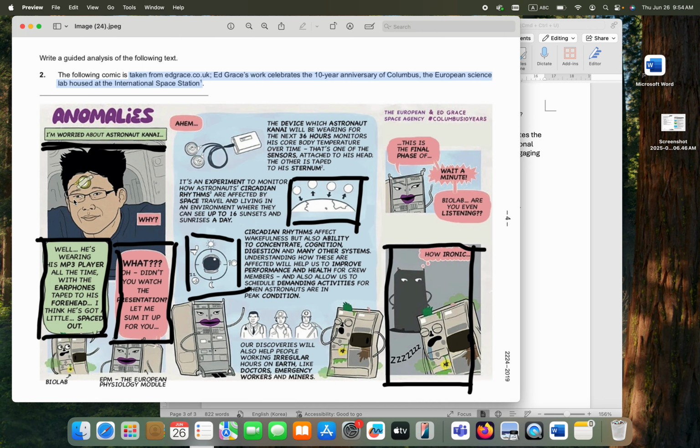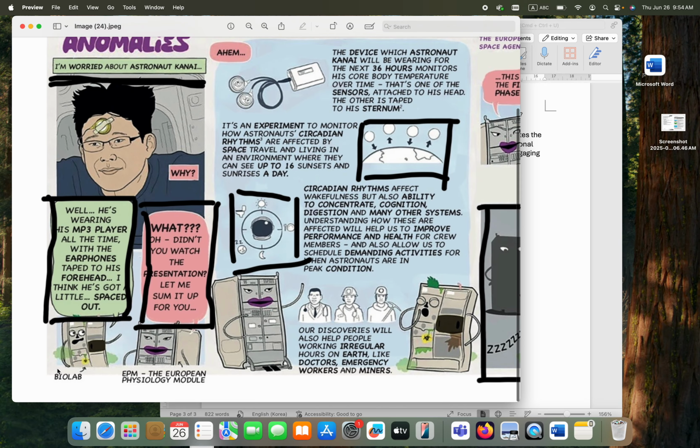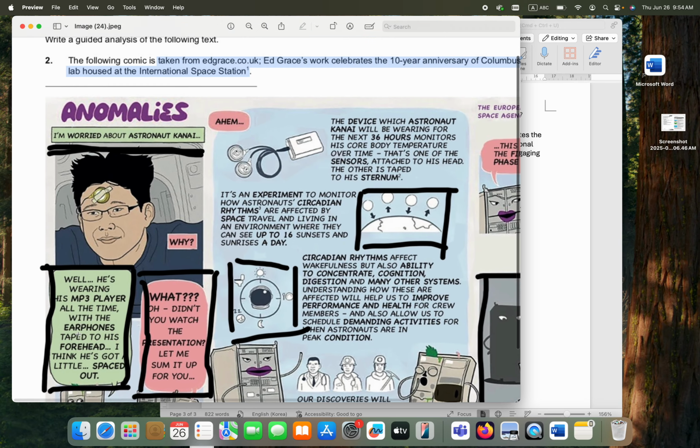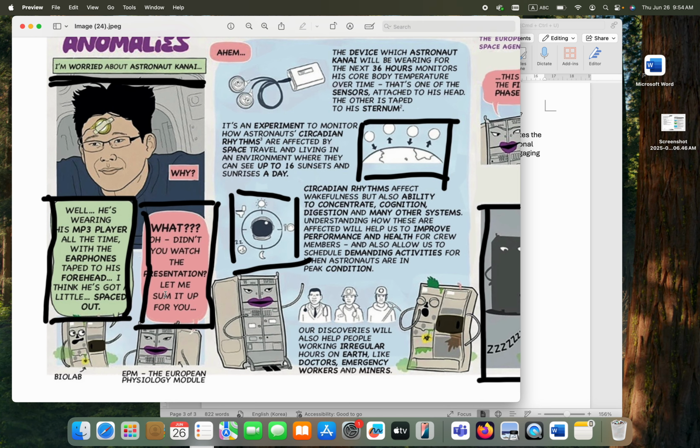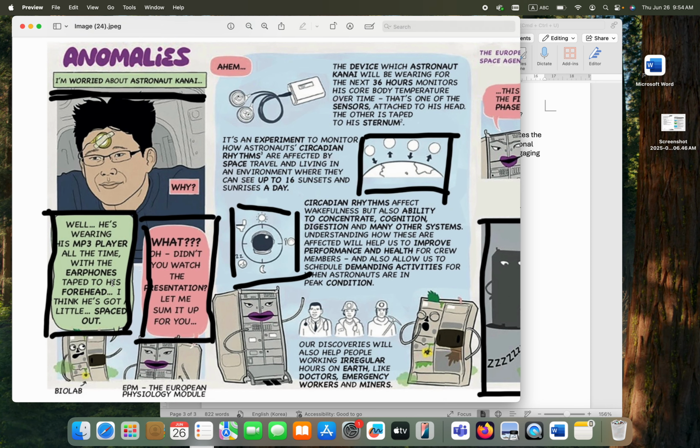So, where can we find personification? Well, right here, this guy, Biolab, actually expresses concern by saying, I'm worried about astronaut Kanai. And by the way, you could talk about colors as well. So green is Biolab, and he usually represents the good guy.